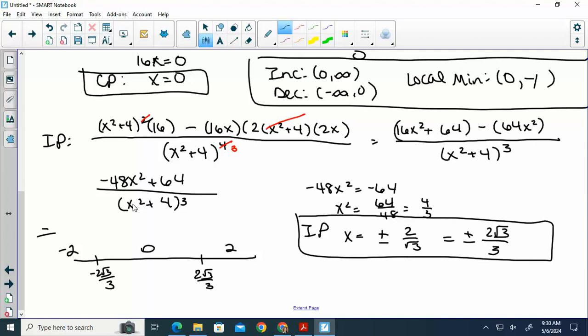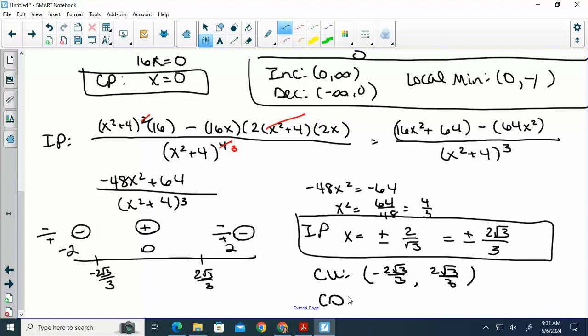Negative 2 squared becomes positive, so the bottom's positive. So that gives us negative. Put in a 0, we get 64 over 4 cubed, so that's positive. Put in a 2, the top is negative, bottom's positive, so we get negative. So we are concave up where we are positive, which is in between these. We are concave down elsewhere.